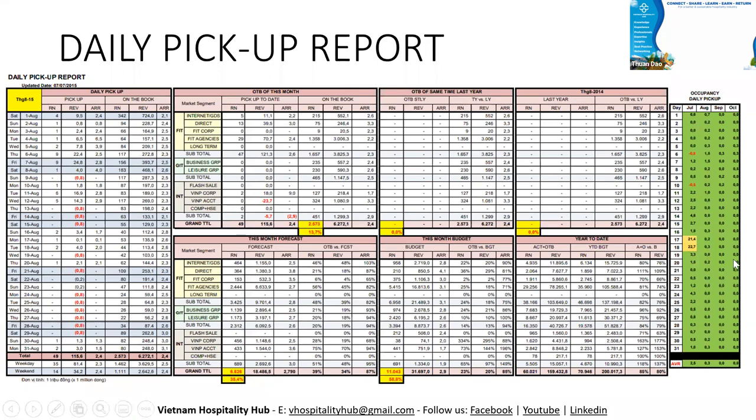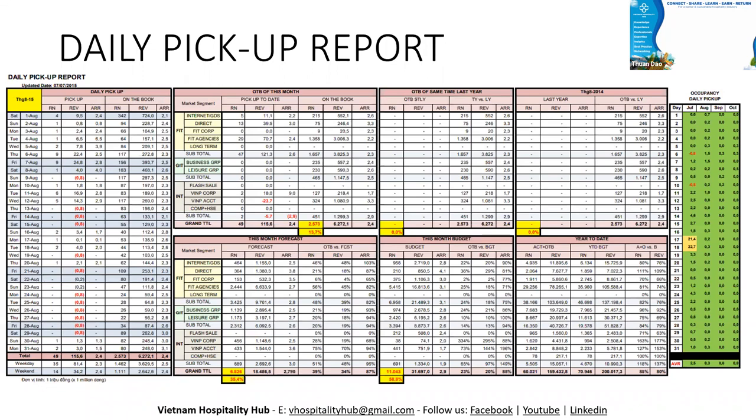If a day is showing red, that means we have high occupancy. And if we look at the yellow, that one is between low and high.